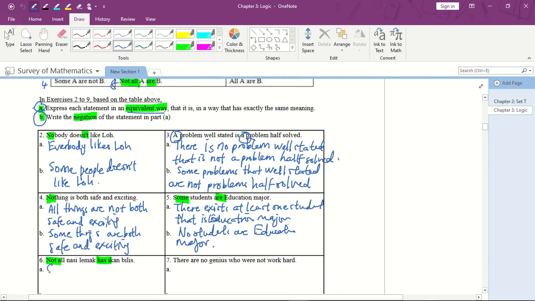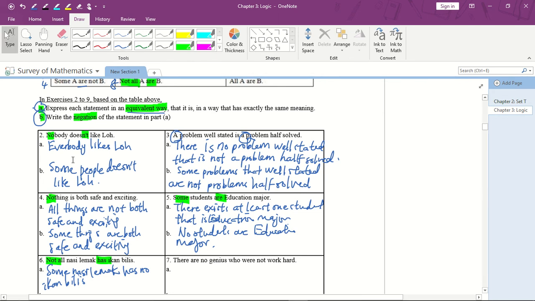So here it will be: some nasi lemak, in this case are becomes has, some nasi lemak has no ikan bilis. Okay, sometimes you don't need to know what nasi lemak or ikan bilis is. If you know it, it is kind of easy, but if you don't know, it's okay.